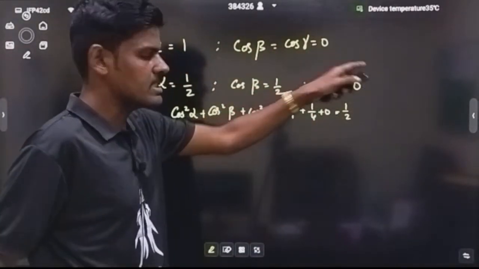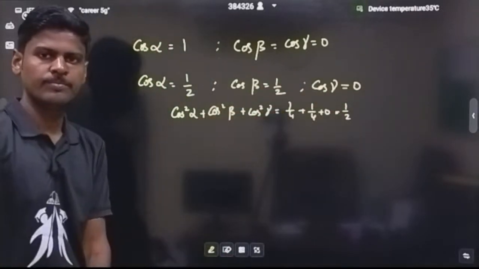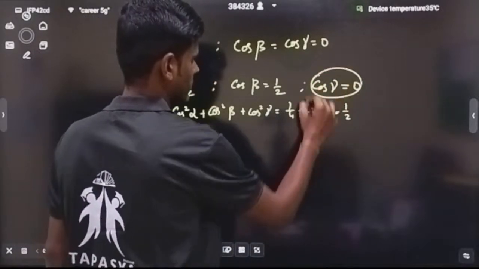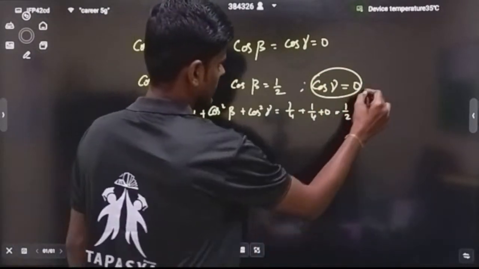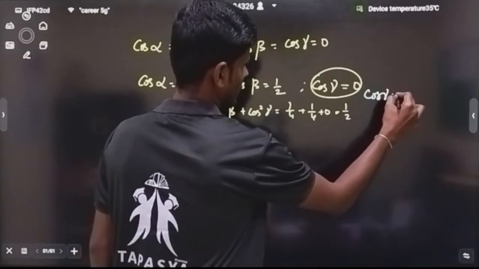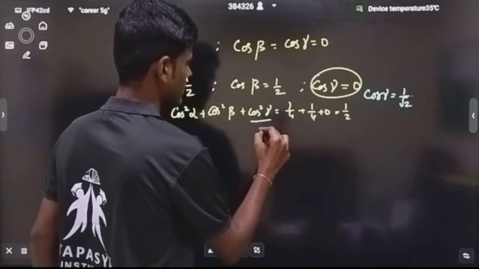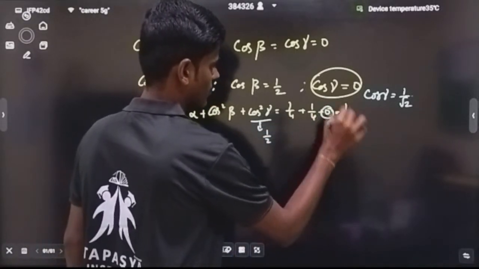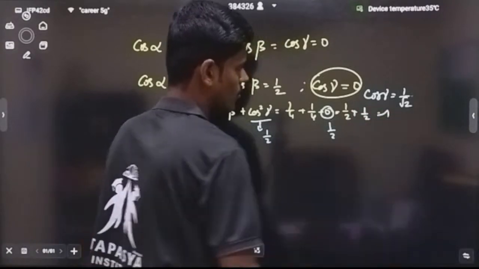Instead of cos gamma equal to 0, if cos gamma equal to 1 by root 2, then cos square gamma will become 1 by 2, and adding 1 by 4 and 1 by 4, it will be 1.